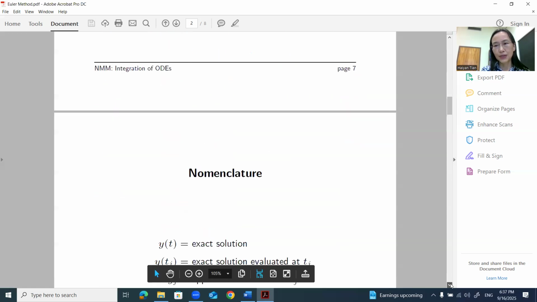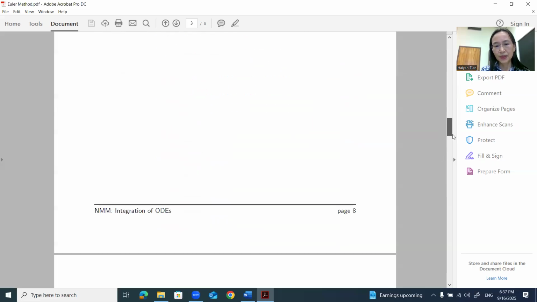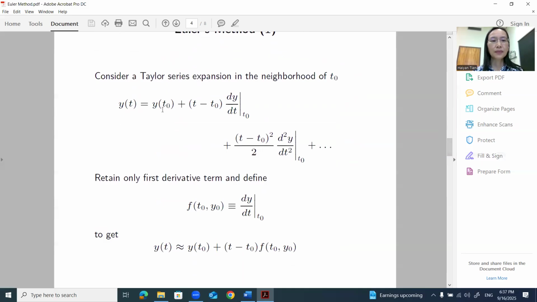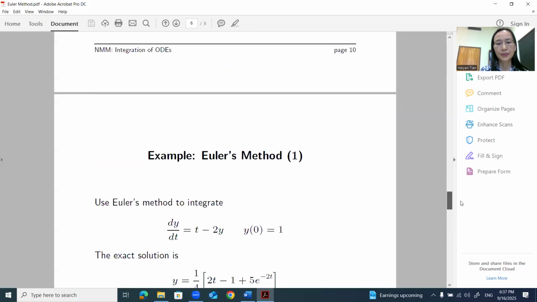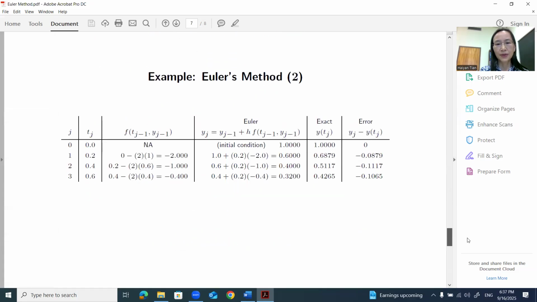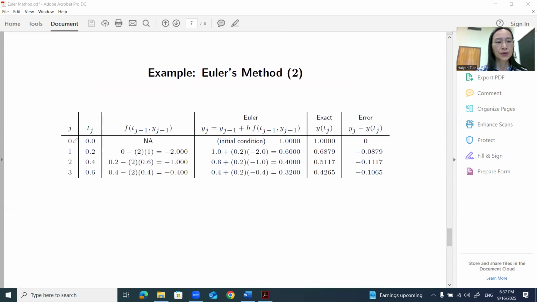But the formula is just the same. So when you calculate using a step size of 0.2, you start from 0 for that problem.